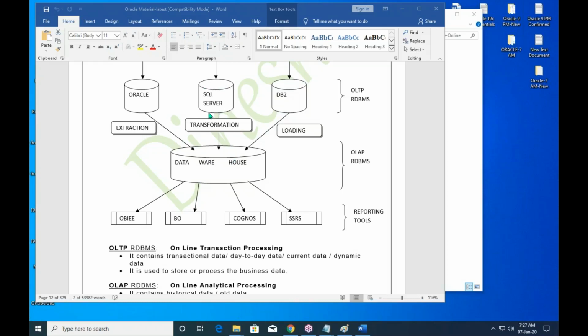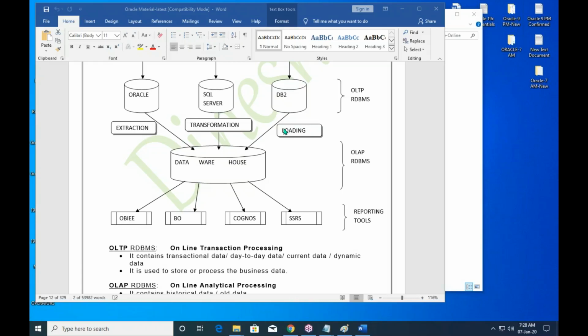And also from here, the data is loaded into the data warehouse. The process of loading this data is called the ETL process: extraction, transformation, loading. ETL developers will do that.